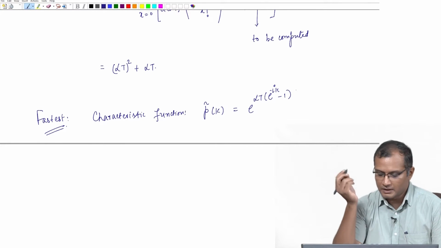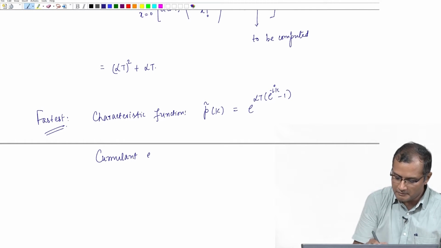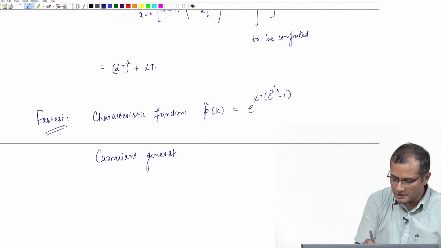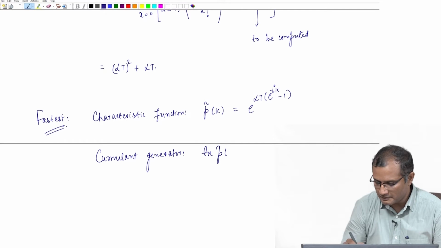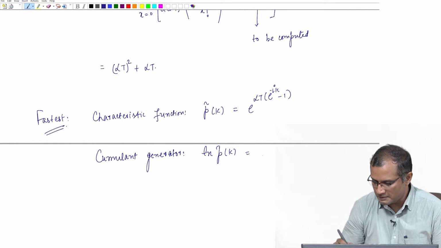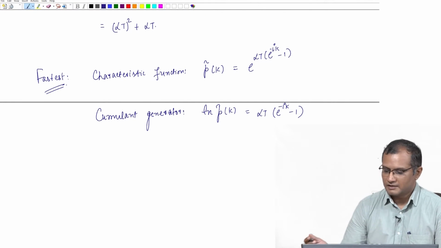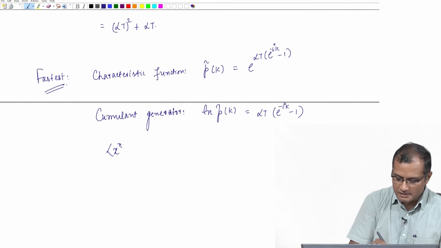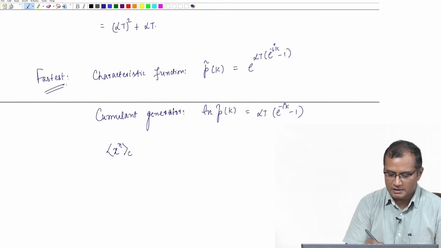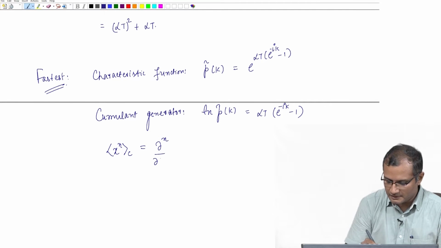Okay. So, you can take the cumulant generator. In fact, if you know the cumulant generator, you can directly write it, which is just alpha t into, and here we see an important thing. The fact that the cumulant generator has this form, all cumulants of arbitrary order are nothing but just alpha t.